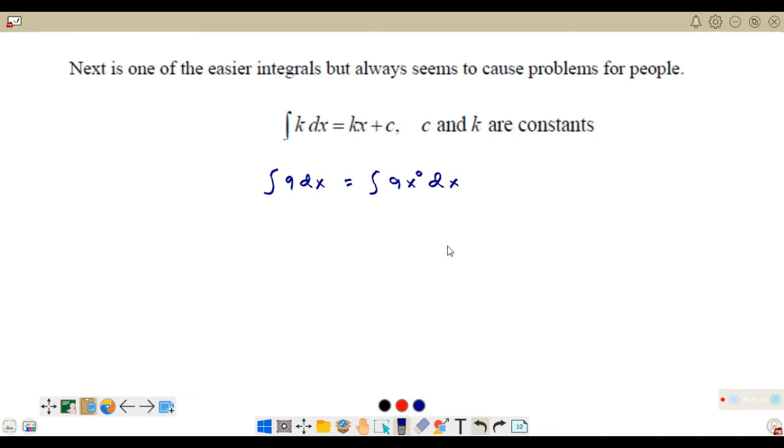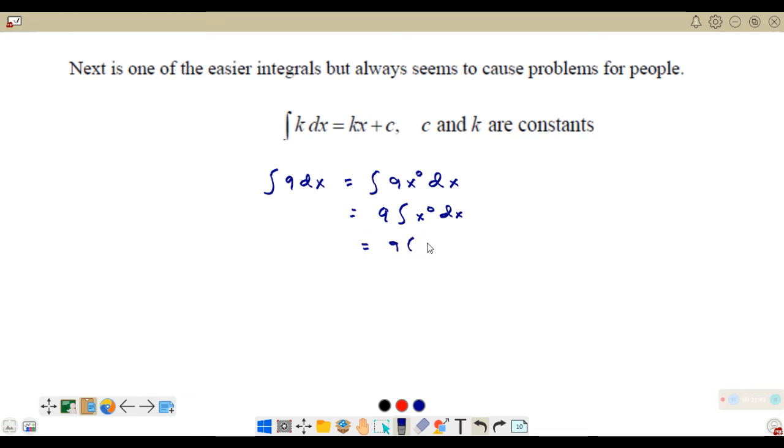Okay. So, this time, i-integrate natin siya. So, paano kung meron kang 9 dx? So, meron ka dito, factor out natin si 9. Ang kukunin mo na lang ay si x raised to 0 dx. Ang dali lang yan, di ba? So, meron ka ng 9.